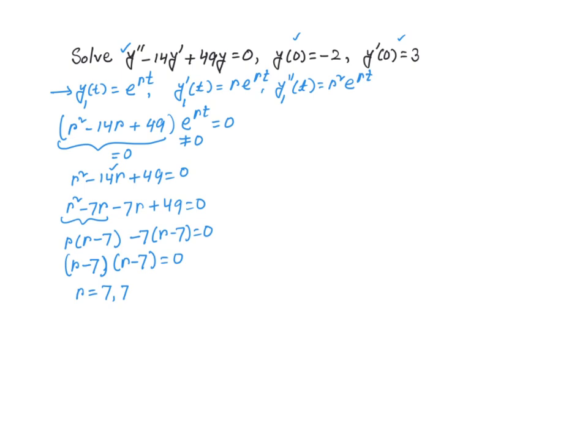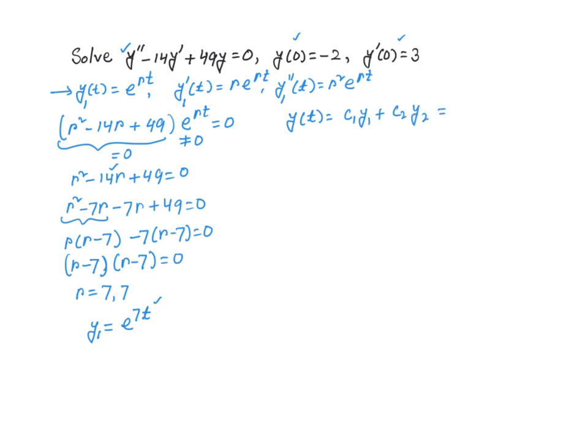So my solution is going to be technically y1 is equal to e to the power 7t because e to the power rt. Since the roots are repeated, the other solution is going to be of this format. So it's going to be t times e to the power 7t. So the general solution is going to be of this format. y of t is equal to c1 times y1 plus c2 times y2.